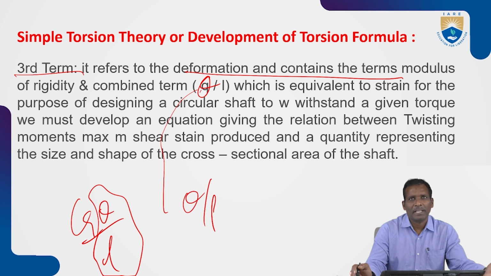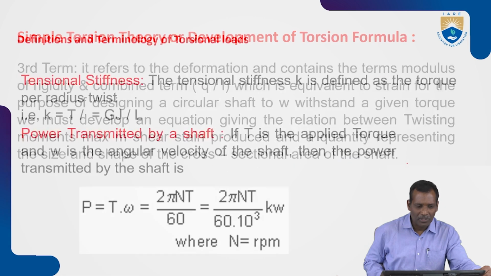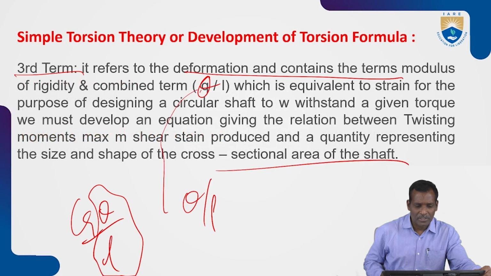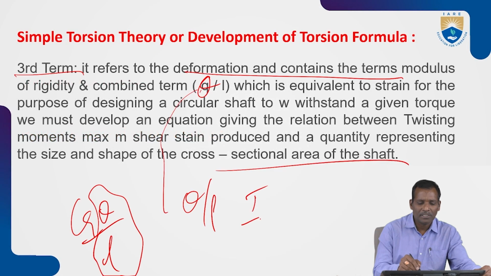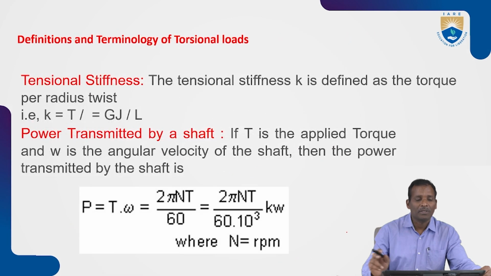For the purpose of designing a circular shaft to withstand a given torque, we must develop an equation giving the relationship between the twisting moment, the maximum shear strain produced, and a quantity representing the size and shape of the cross-sectional area of the shaft. Already we have derived that equation: T by J is equal to tau by R is equal to G theta by L. So this is the torsion equation.